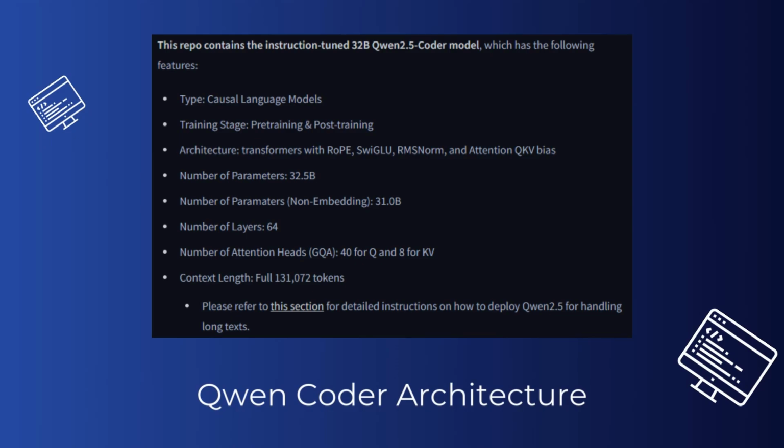This makes it a powerful tool for complex code tasks. The 32.5B parameter model has 64 layers and a unique attention head setup, 40 heads for queries and 8 for key-values, optimized for both performance and scalability. Overall, Qwen 2.5 Coder is an excellent and exciting step forward in code-focused AI, combining scalability, long context handling, and specialized training for cutting-edge code generation.